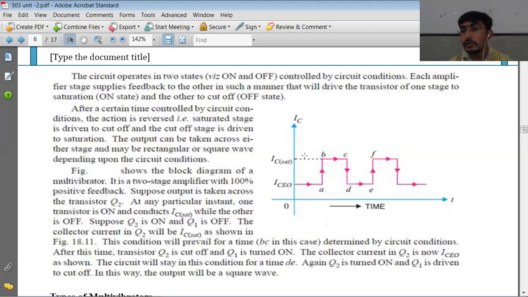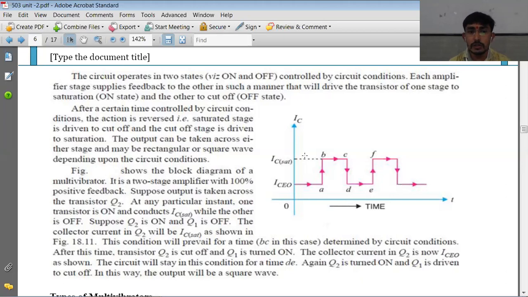In this multivibrator circuit, at any instant of time, one transistor is in cutoff, another is in saturation. Or we can say that one transistor is on, another is off. So we can say that feedback is responsible to change the states.